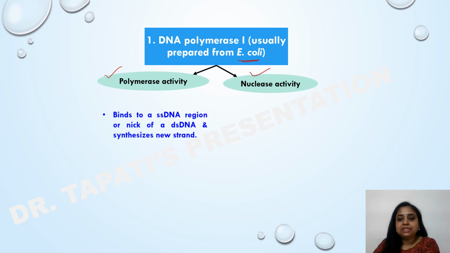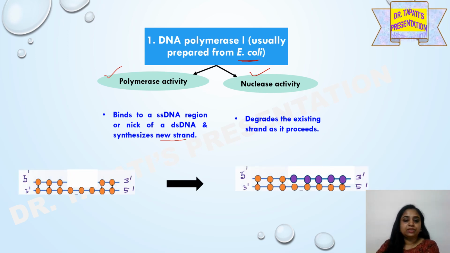Due to polymerase activity, it binds to a single-stranded DNA region or nick of a double-stranded DNA and synthesizes a new strand. Whereas due to nuclease activity, it degrades the existing strand as it proceeds. Now if you see the figure, this is a nick, and this nick is filled up by polymerase activity, whereas these two nucleotides are degraded by nuclease activity and again resynthesized by polymerase activity.